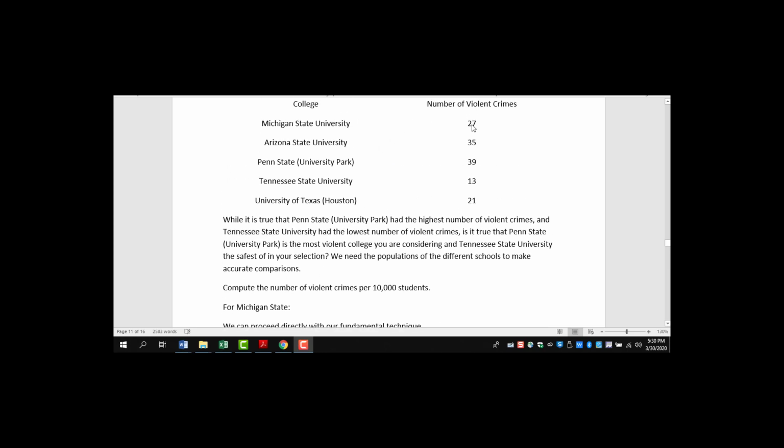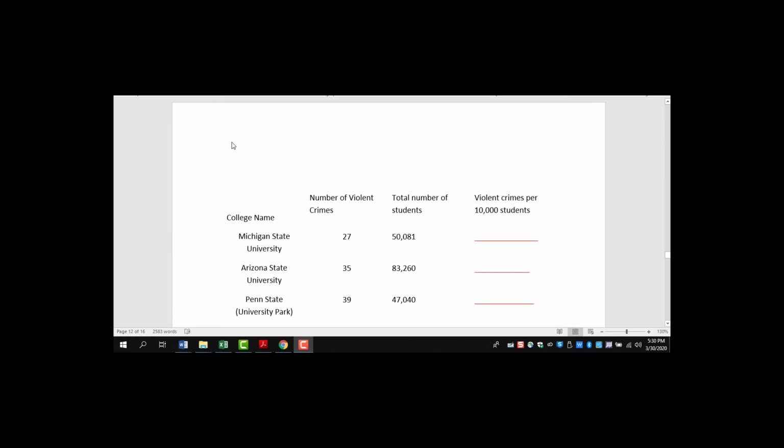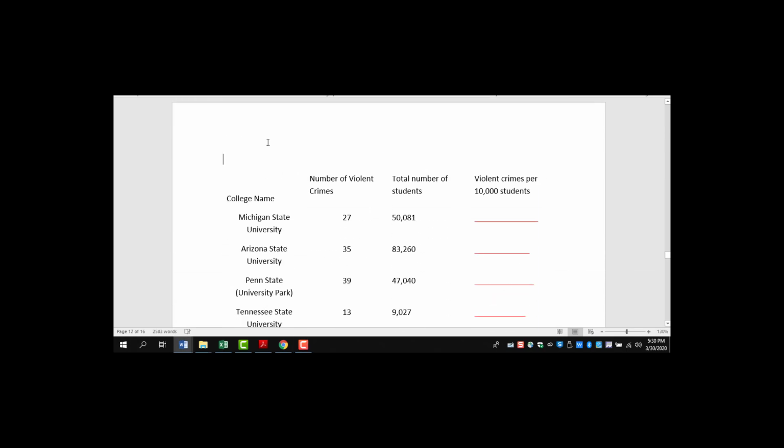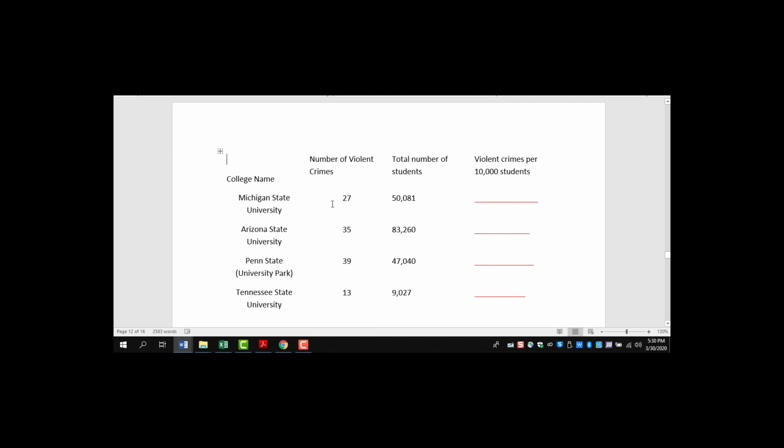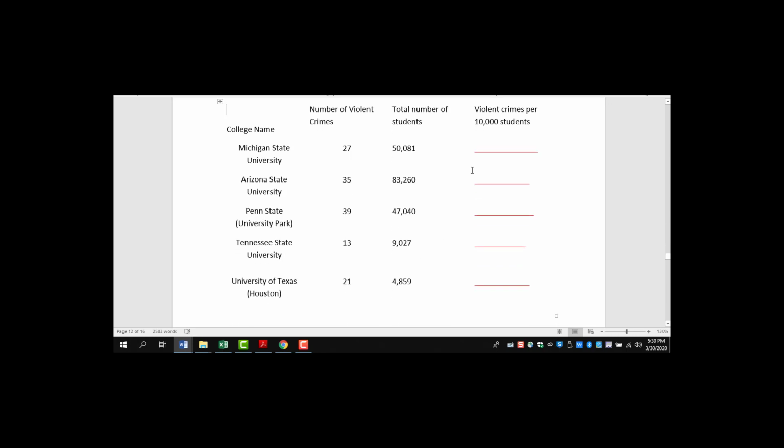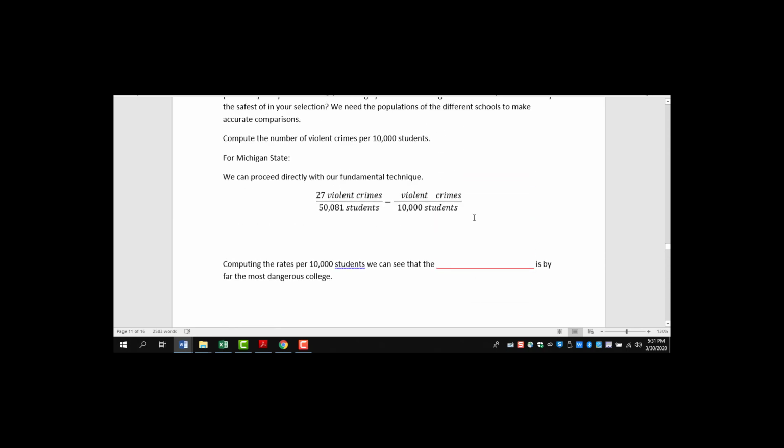So what we want to do is basically fill in this chart here. Michigan State, here's the violent crimes, here's the total number of students, and we're going to put in rates here. Rates per 10,000 students. So we'll do Michigan State, and then I'll fill in the rest.